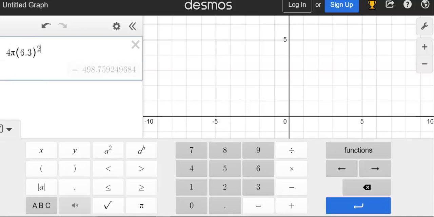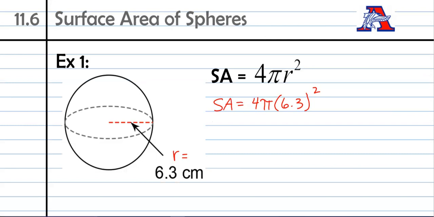Let's round to the nearest hundredth, so 498.76. And just like with all of our surface areas, our units are centimeters squared.